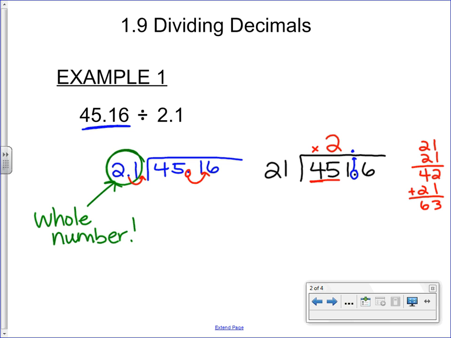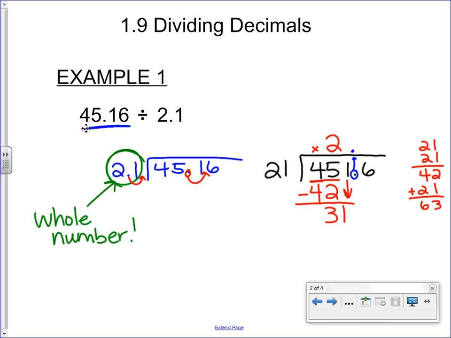We know that after you divide, the next step is to multiply. 2 times 21 is 42. After the multiply step is the subtract step. 45 minus 42 is 3. And 21 cannot go into 3, so we bring down the next number, 31.